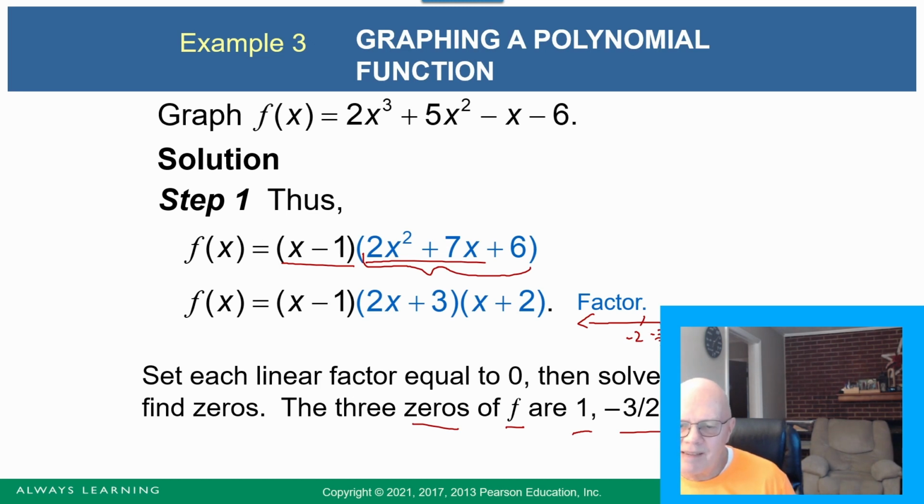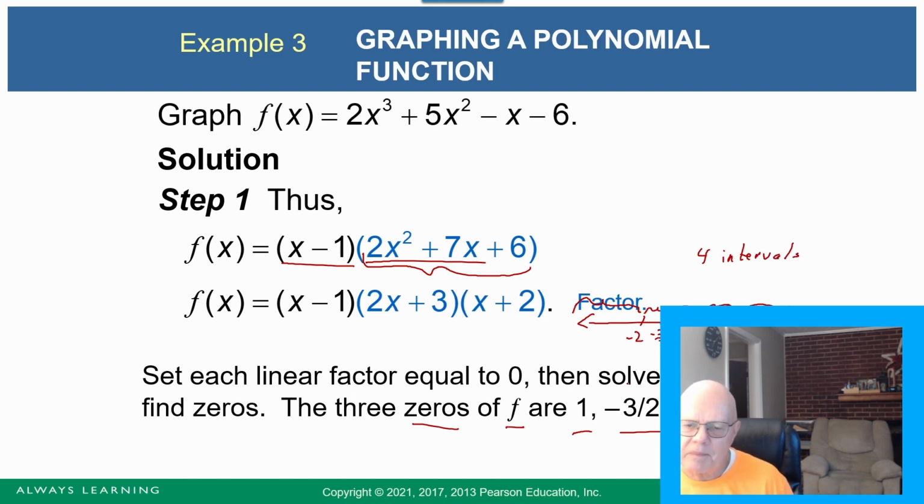Those three zeros, or x-intercepts, split the number line into this interval, this interval, this interval, and that interval. We've got three x-intercepts, so we've got 4 different intervals.